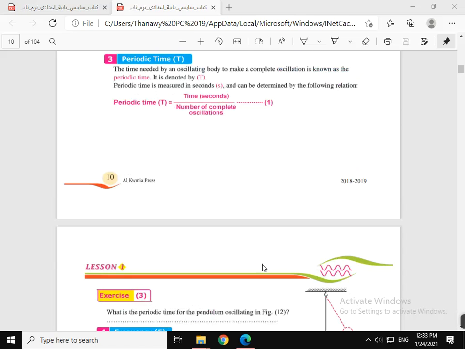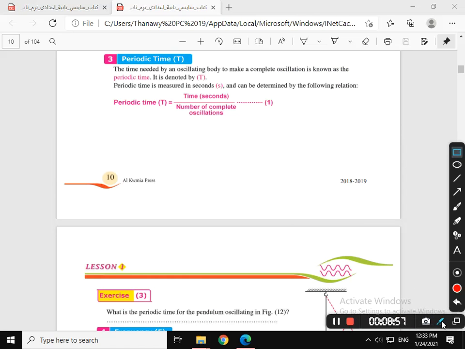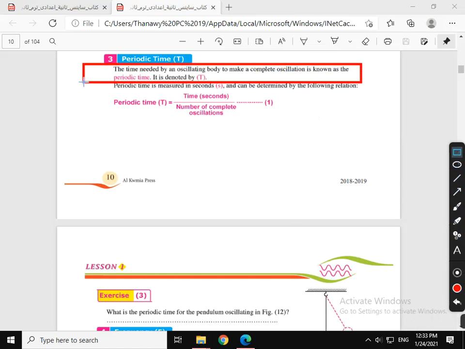The third concept is periodic time. Periodic time is the time taken by an oscillating body to make one complete oscillation, and it is represented by T. It can be determined by the following relation: periodic time T equals time in seconds over number of complete oscillations.